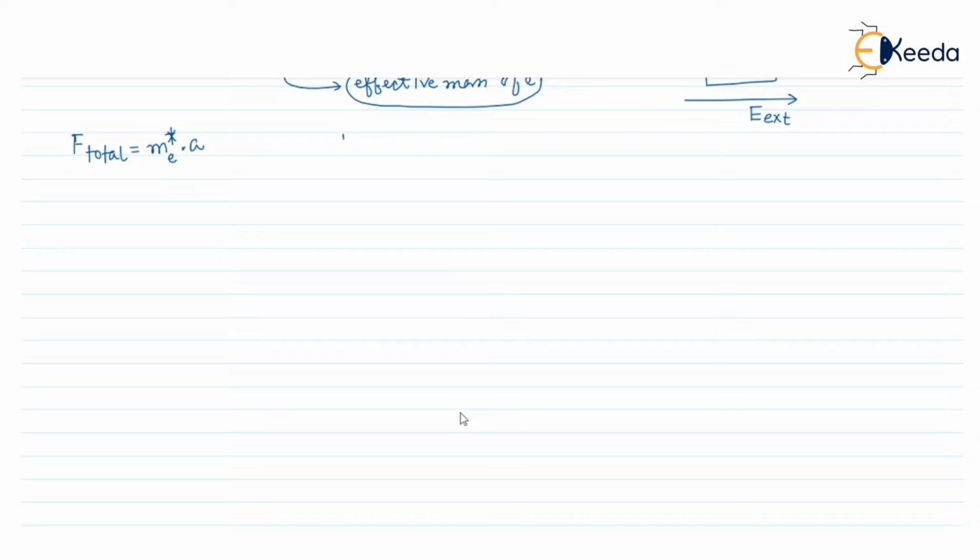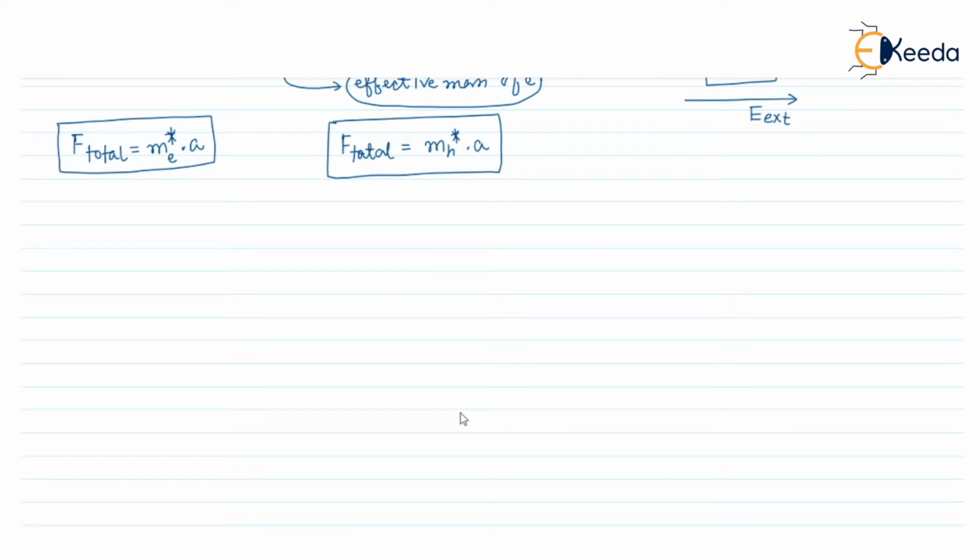And if considered for the holes, then it will be mh star a, where mh star is the effective mass of the hole. In this way, we take into account the internal electric field existing inside the semiconductor by denoting the mass of the charge carrier by the effective mass.